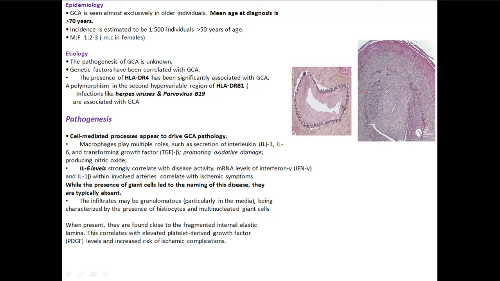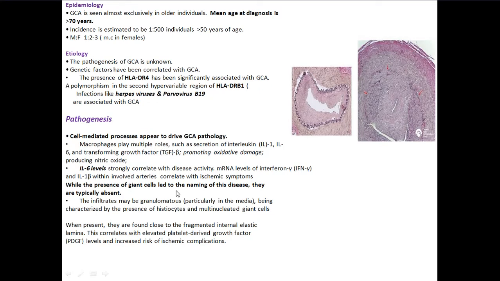In the pathogenesis, a cell-mediated process appears to drive giant cell arteritis pathology. Macrophages play multiple roles: the secretion of interleukins and transforming growth factor beta, and promoting oxidative damage, producing nitric oxide. This leads to inflammation and edema. Interleukin 6 strongly correlates with disease activity, as do mRNA levels of interferon gamma.